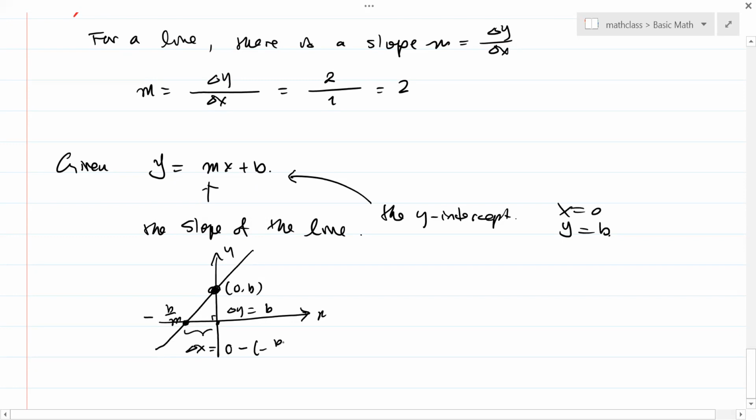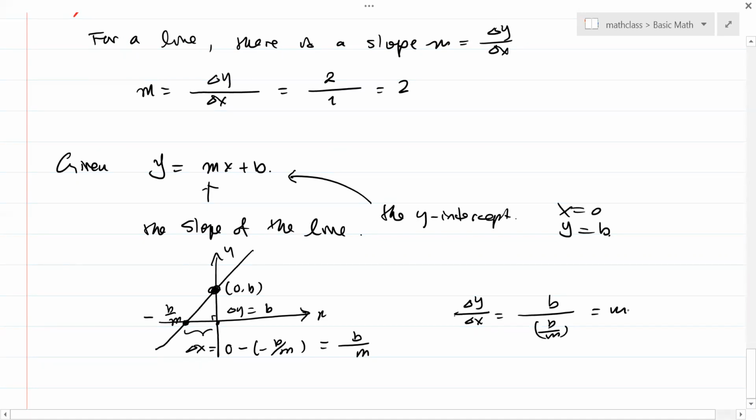So you look at the ratio, delta y over delta x, b over b over m, and after you simplify, it is just m. So the slope must be m.